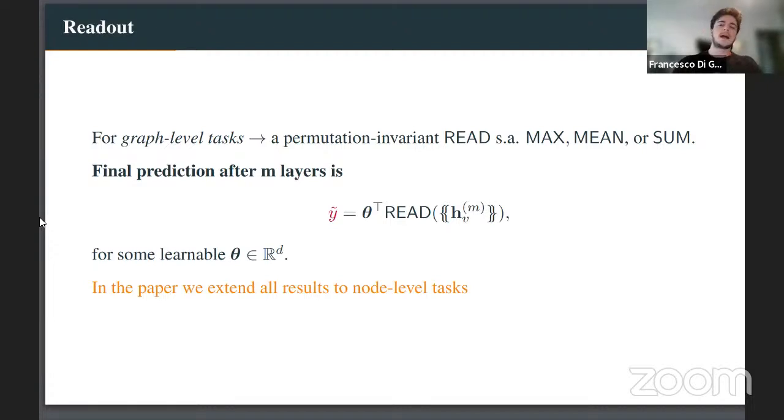And in practice, this will either be the max, the mean, or the sum, so that the final prediction computed by the MPNN after M layers is just, in this case, a linear layer. So basically the inner product between some learnable weights theta and the output of this global pooling, the output of this readout operation. Okay, so this was just a setup.